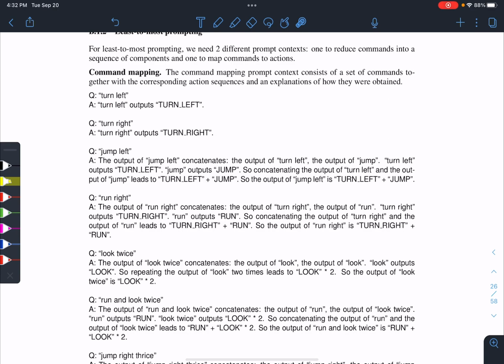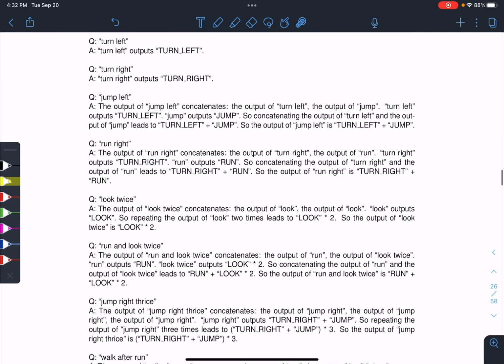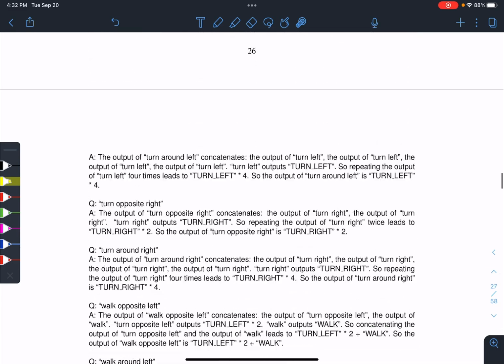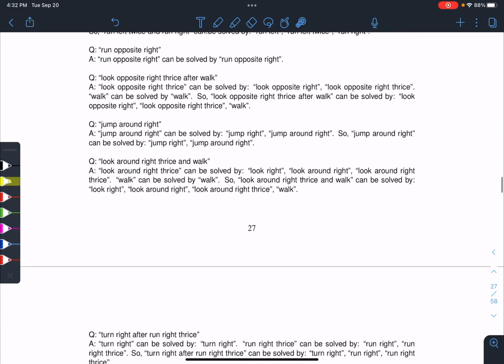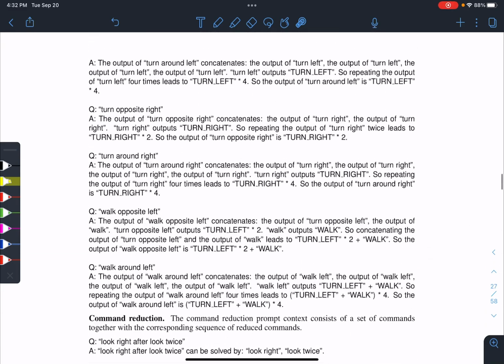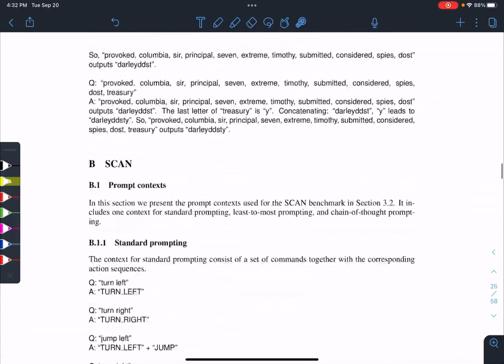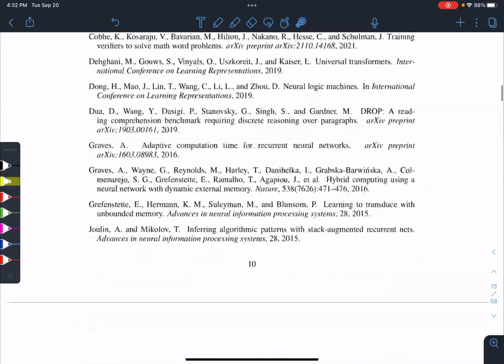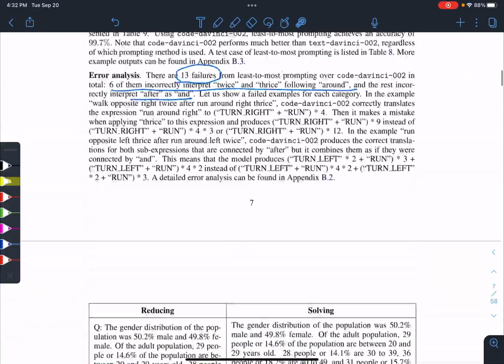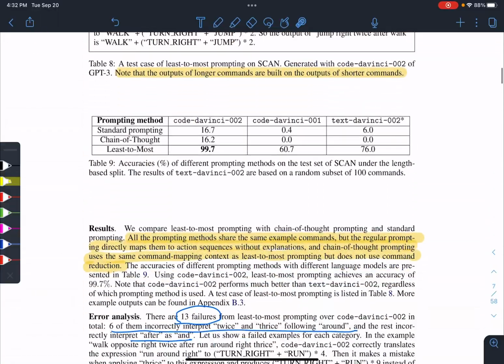This is the first one. The first one has 14 examples, and the next one has 8 examples. You can look through it to know more about it. Okay, so let's go to the results.